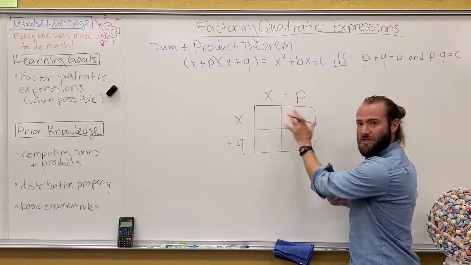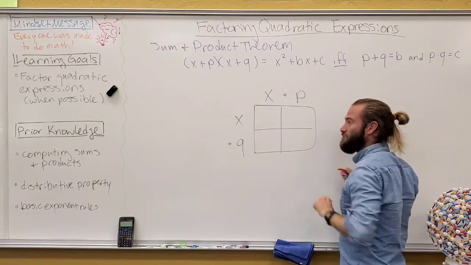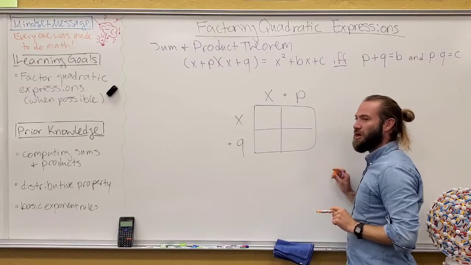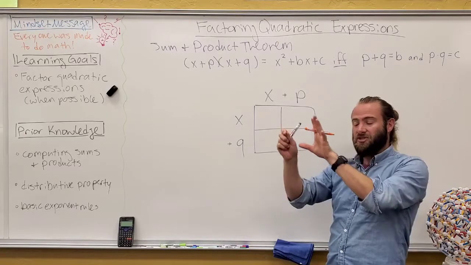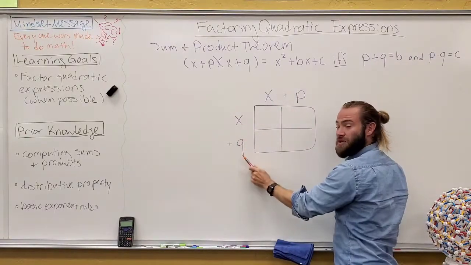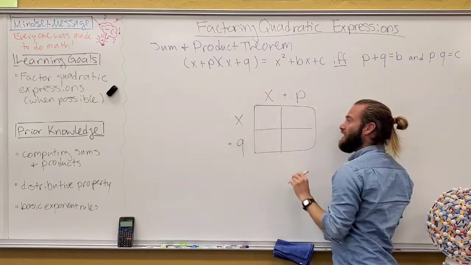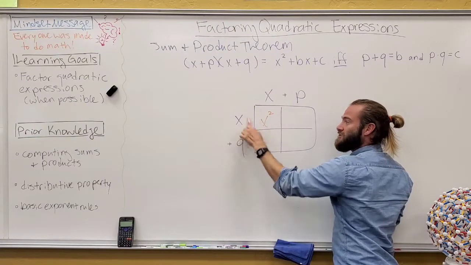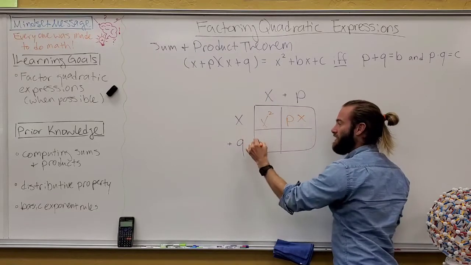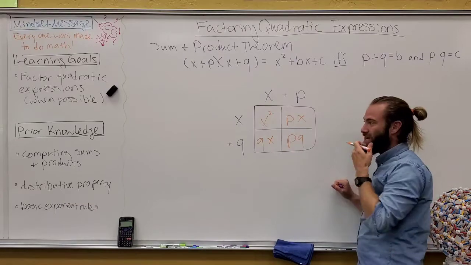Watch what happens when we use an expansion box or whatever method to multiply each piece out with each piece. I want to remind you that the reason this works the way it does with the expansion box, just like with that area model, is that it's just distribution. So every piece here needs to end up distributing with each piece here, and that creates 4 total pieces. x times x is x squared, and then distributing this into the p gives me p times x, then q times x, and then I'll just leave it in order, p times q.